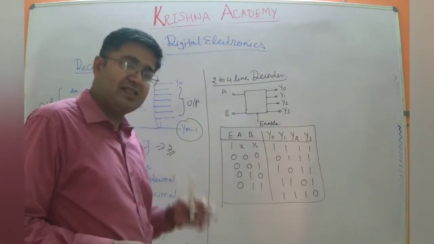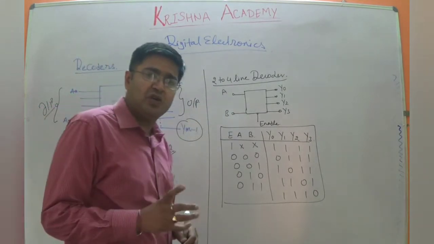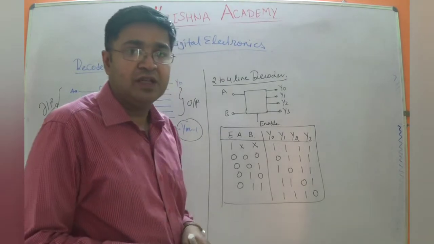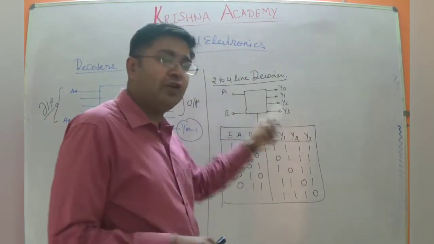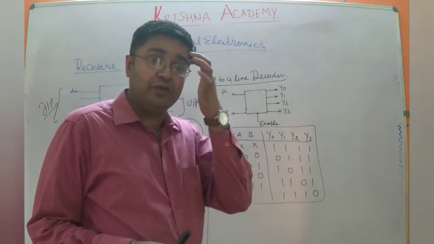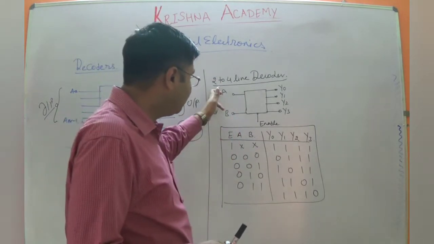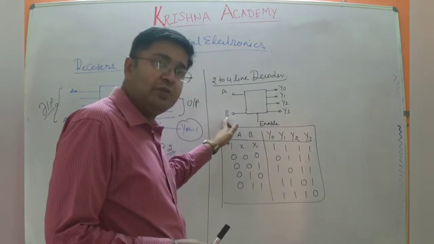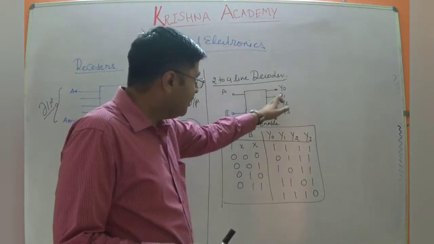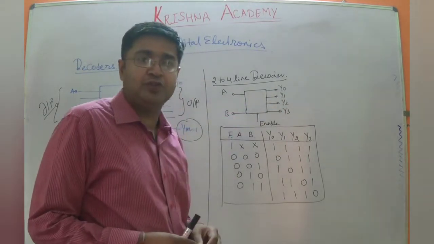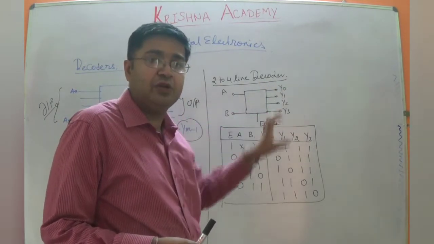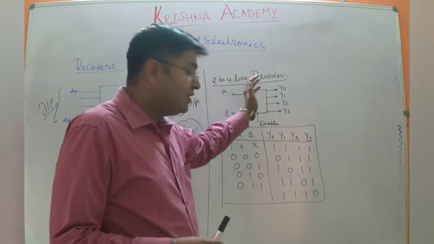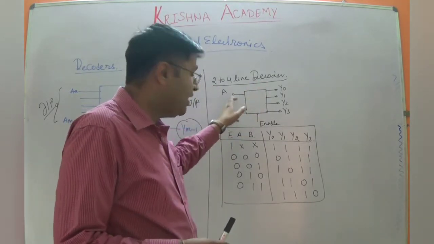The first basic decoder in any kind of circuit can be a 2 to 4 line decoder, where 2 denotes the number of inputs and 4 will be the outputs. These are the 4 output lines available to us where we need to send the information from the input side.